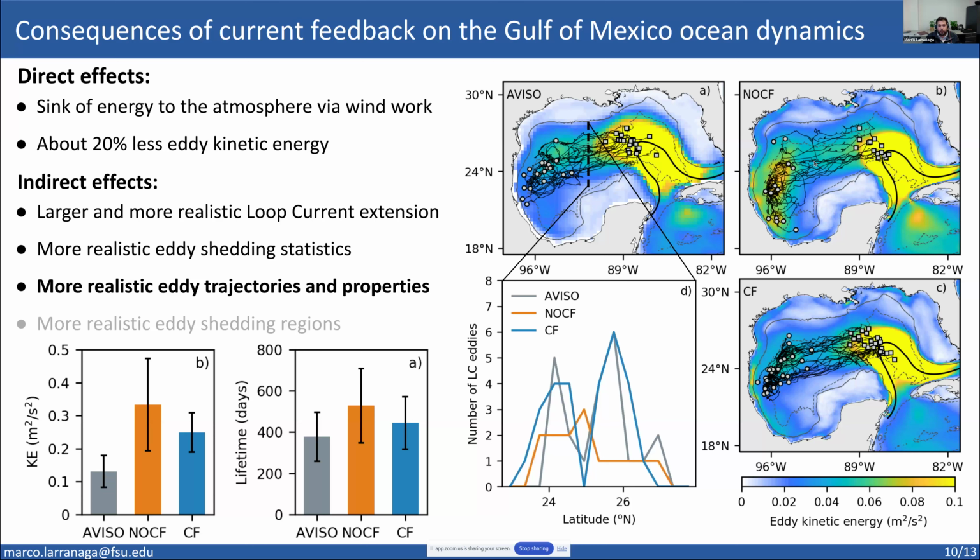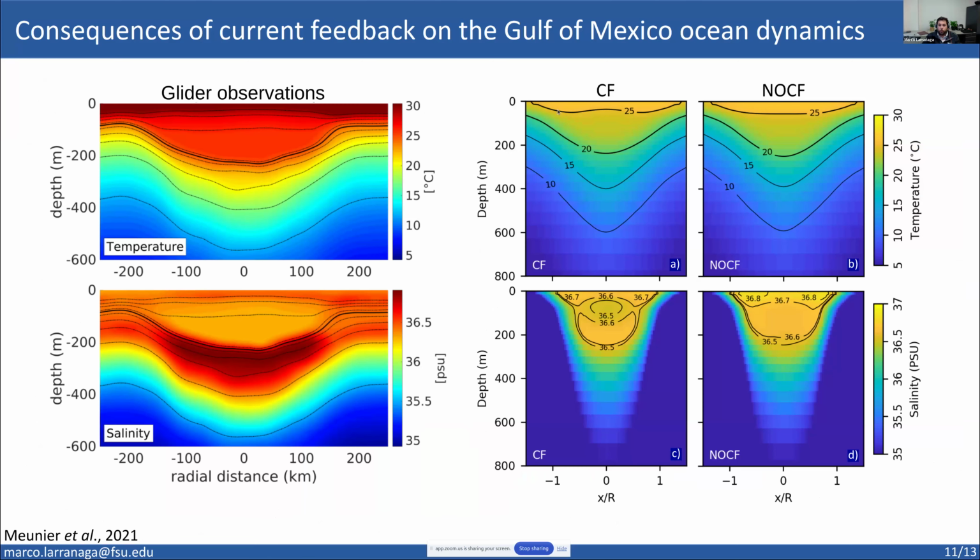That takes us to the question of whether the properties of the eddies in terms of salinity and temperature change with the current feedback. So we made composites of all the separated eddies from the current feedback experiment and the no current feedback experiment for temperature and salinity, and we compared them with glider observations from a really large eddy called Poseidon.